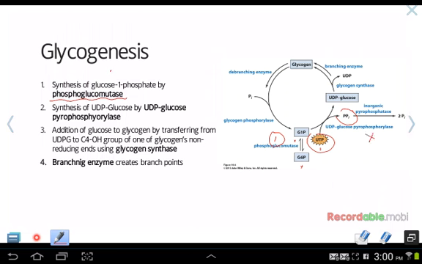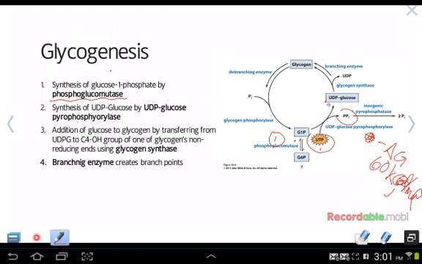This usually releases, has a negative delta G, I believe it's around 60 kcal per mole. So we're releasing about 60, not kcal, but kilojoules per mole, which gives it enough energy to transfer the uridine.